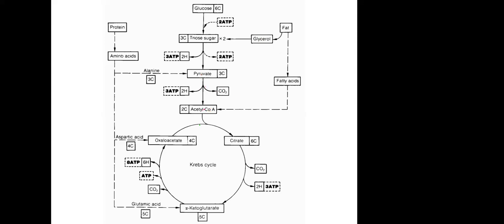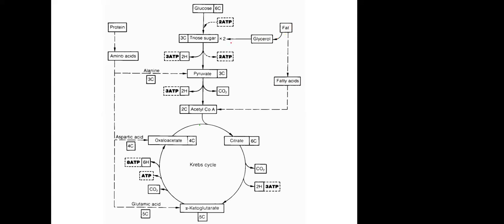These are fragments which are two carbon compounds. Many of them are joined together to form long chains of fatty acid molecules. So these fatty acid molecules together with the glycerol molecules that have been formed can form the fats.